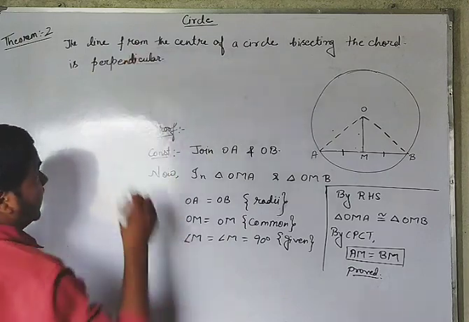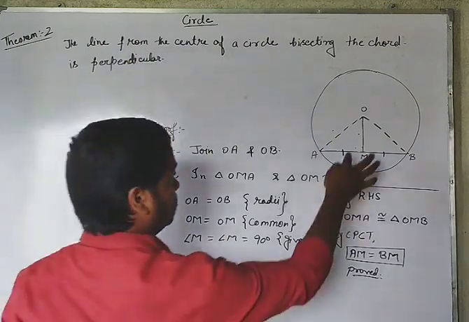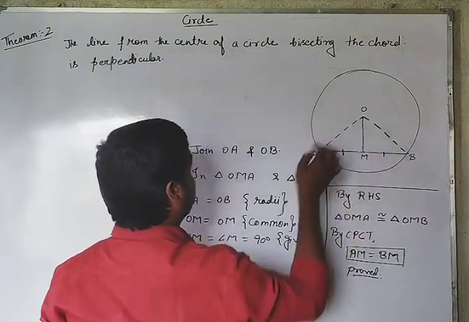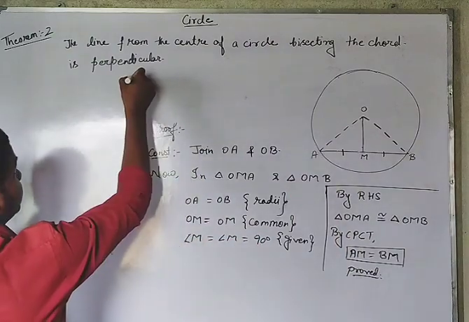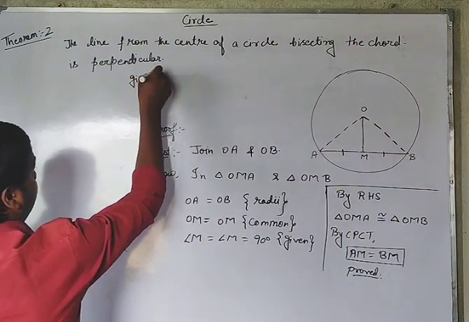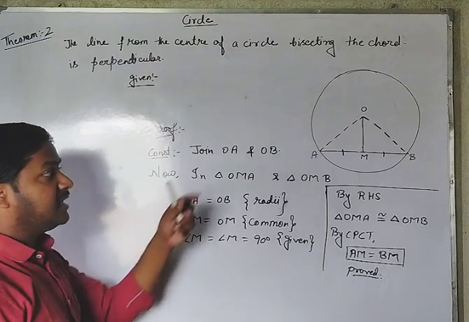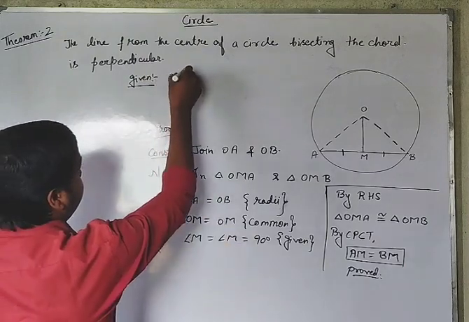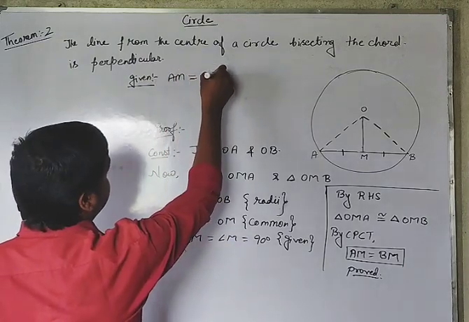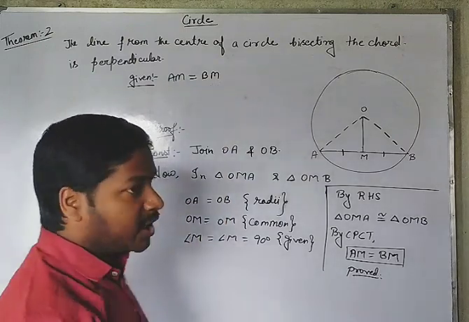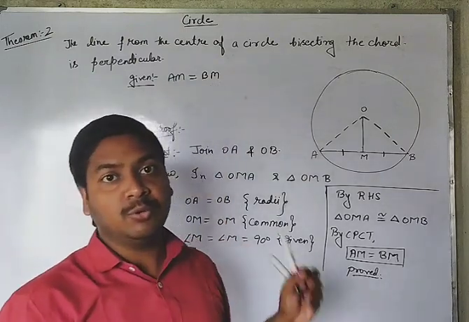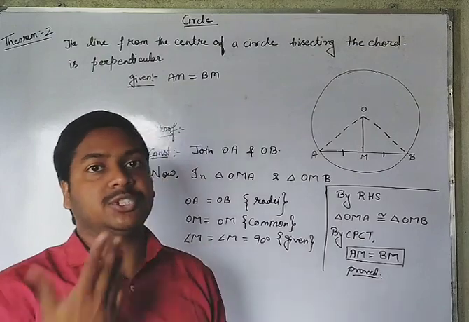We have to prove that it is perpendicular. This line is perpendicular. How will we prove it? What is given here? Given part is only AM equal to BM. Theorem 2 is simply the opposite of theorem 1.